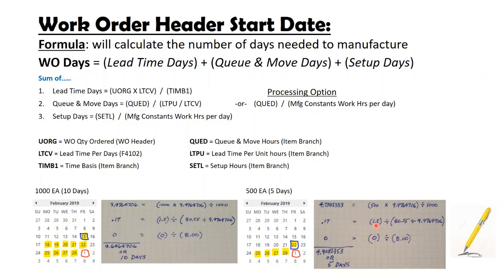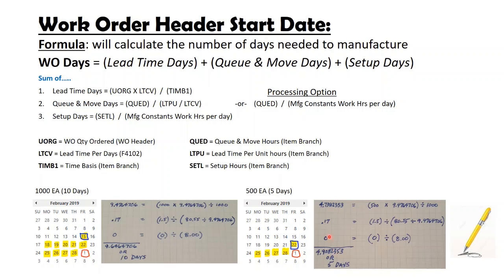The same queue and move total hours of 1.5 is divided by the lead time per unit days. That converts those hours into days. For setup, there was no setup hours in the routing for these labor-paced work centers.